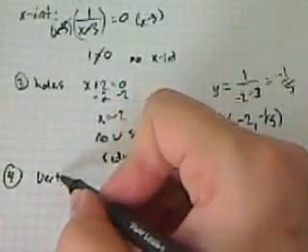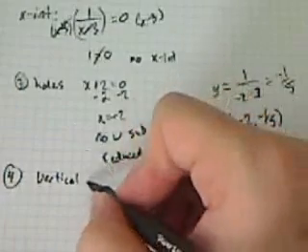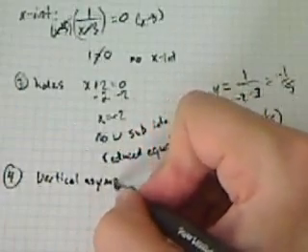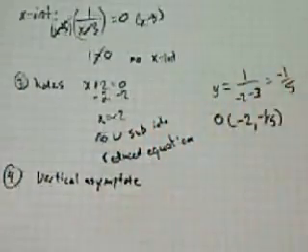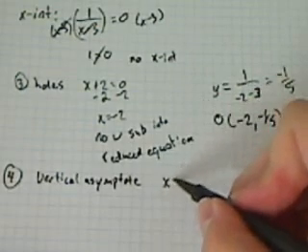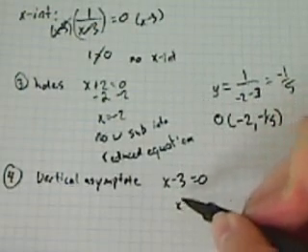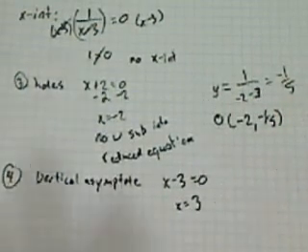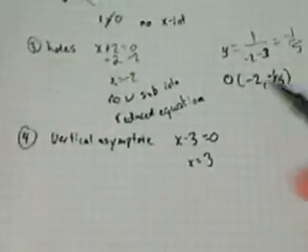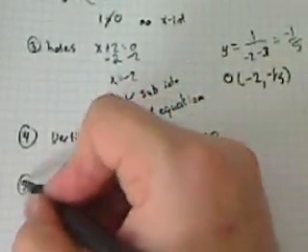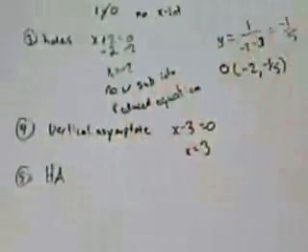Our vertical asymptote: we do have one vertical asymptote because we have one leftover factor of x minus 3, or x is equal to 3. We need to know our horizontal asymptote.